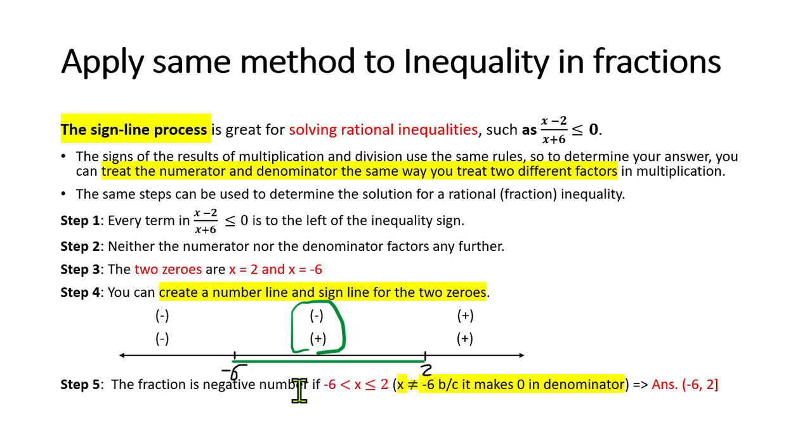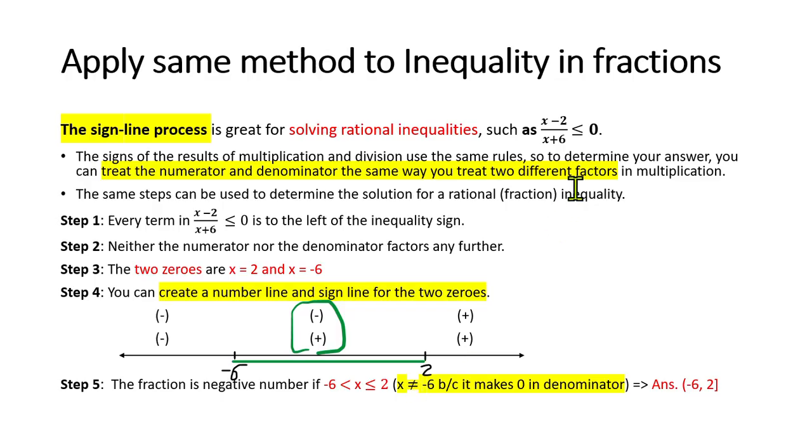Between minus 6 and 2, if we put 0, 0 minus 2 is minus, and 0 plus 6 is 6, so it makes negative. x greater than 2, so 3. You just plug that 3 into x. 3 minus 2 equals 1. 3 plus 6, 9, positive.